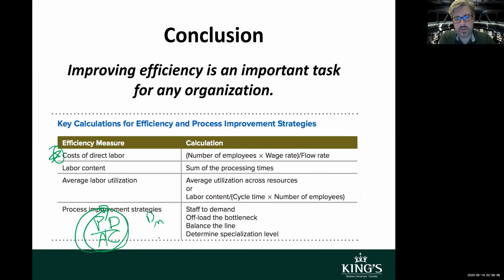I'm just going to put the make over here. All these kinds of process improvement methodologies that can be done to staff demand, to reduce bottlenecks. Let me put Six Sigma over here, balancing the assembly line, and ultimately deciding on specialization levels.